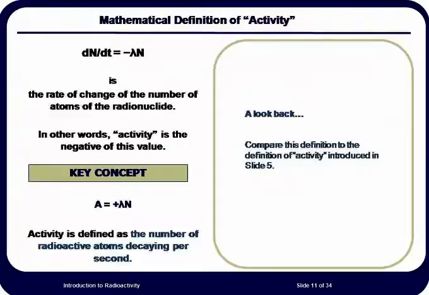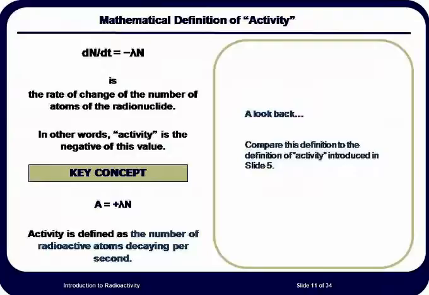The physical observation that we make to determine how much radioactivity a sample has is based on the number of decays that we count. So, although the rate of change in the number of atoms is negative, the observed counts are positive and are directly related to the number of radioactive atoms present in the sample at the time of the observation.